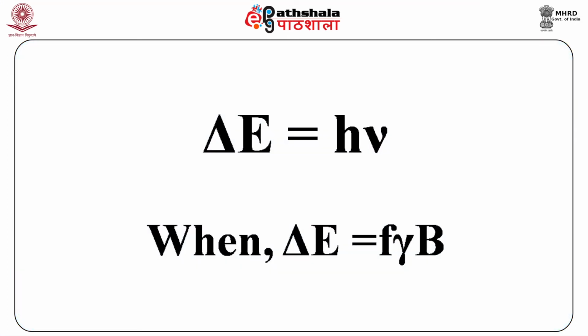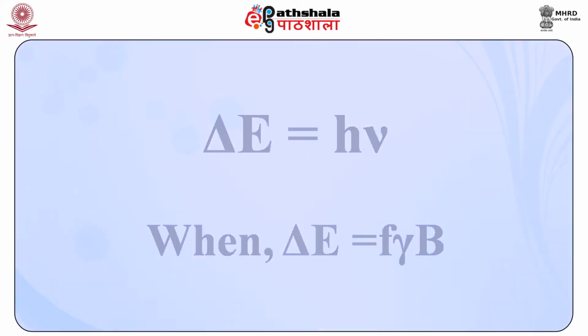The resonance condition delta E equal to h mu is satisfied when delta E is equal to h gamma B, where B is the value of the magnetic field at the hydrogen nucleus being observed.